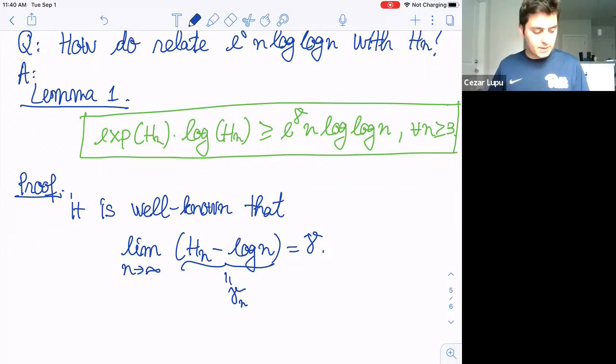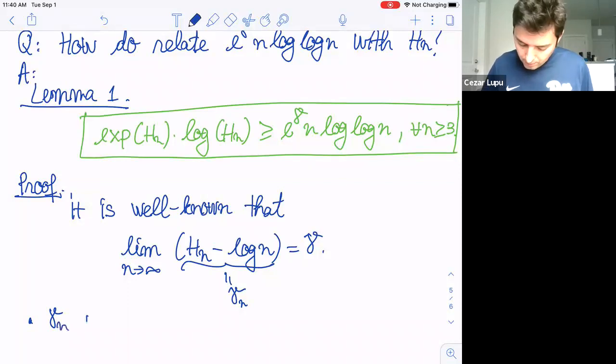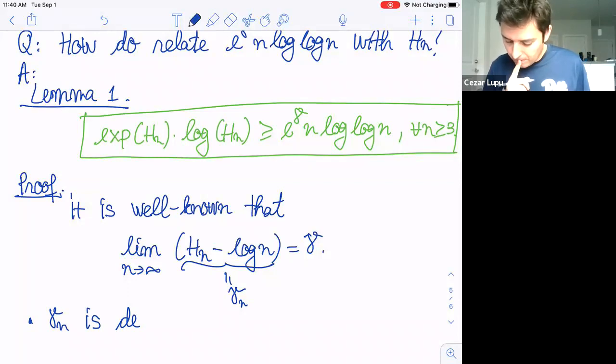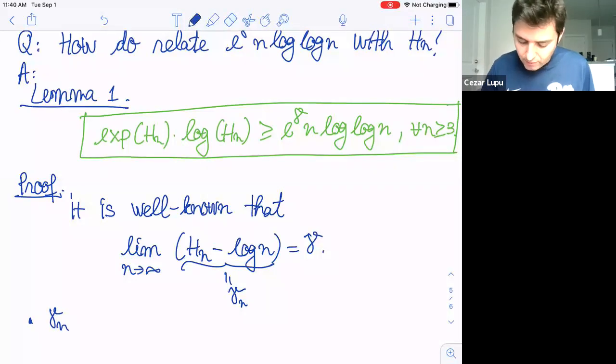And moreover, this is decreasing. This is very important. Gamma n is decreasing. Is it increasing or decreasing? I think it's increasing anyway. But from here, if you study it, it's convergent, of course.